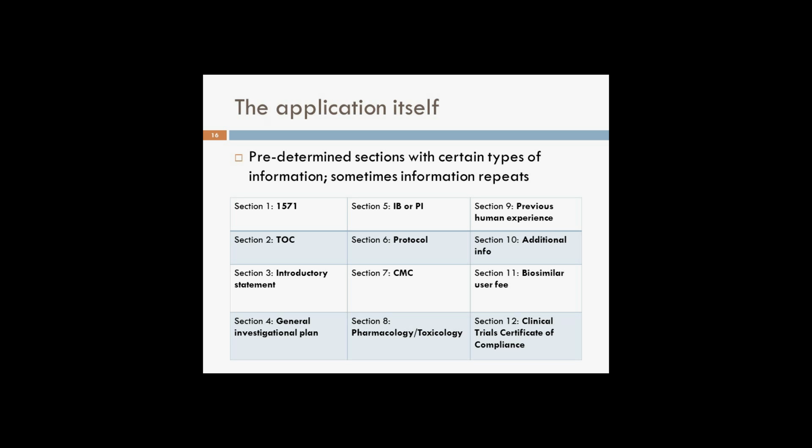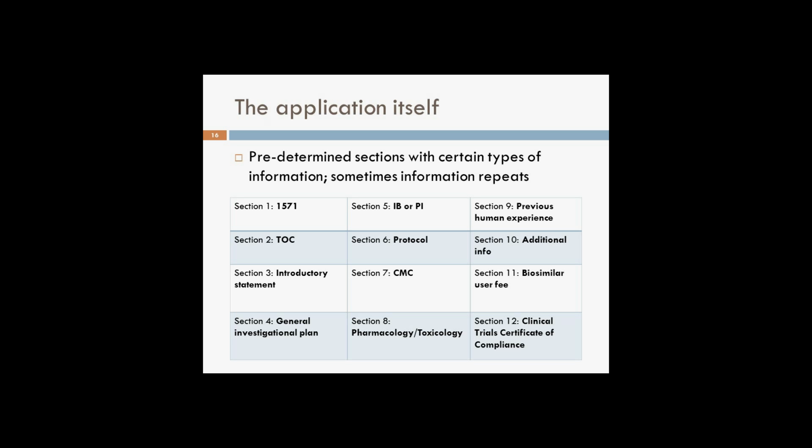Section 4 is the general investigational plan, so it's really more of a summary of what you plan to do. Again, it's only a few pages, with some background on why it's a good idea to study this drug in humans. In section 5, the acronyms are IB or PI, which mean investigator brochure or package insert. If you use an approved drug, you can pretty much download the PDF from the internet, this is the package insert for Prozac, and you stick it in the application.